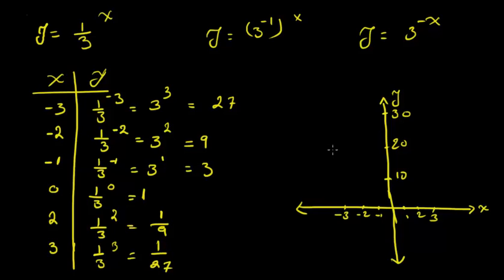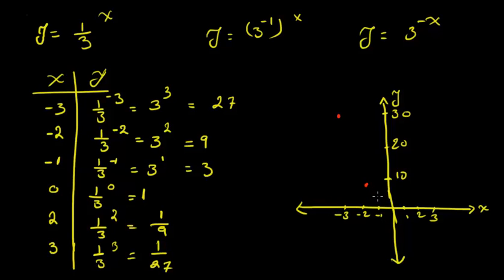Now, when our x is -3, the y is 27. It's going to be somewhere here. And then when x is -2, y is 9. So it's here. X is -1, and y is 3.